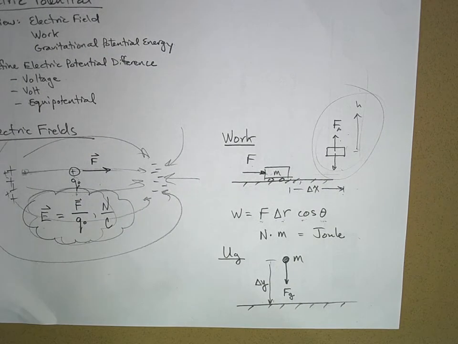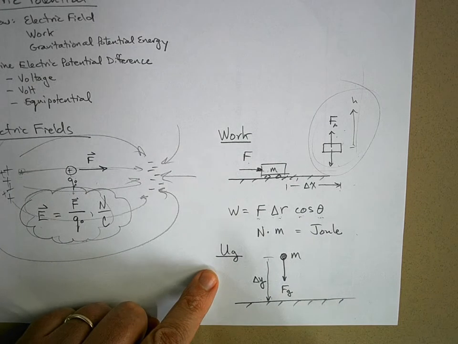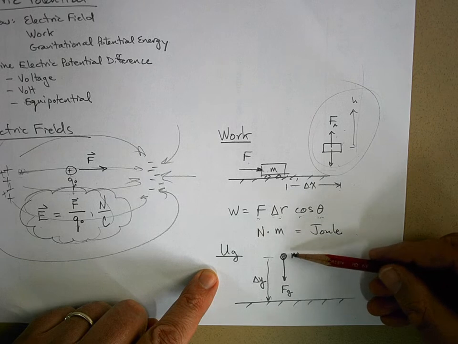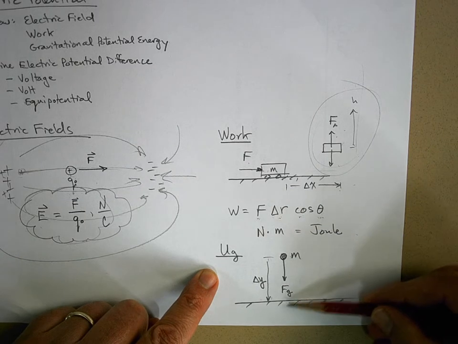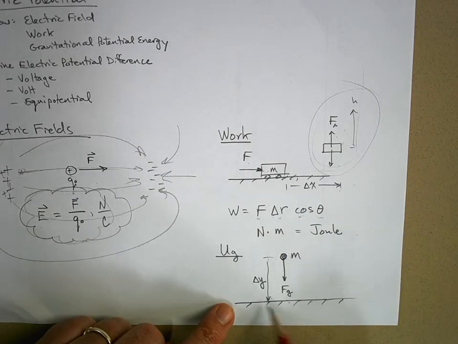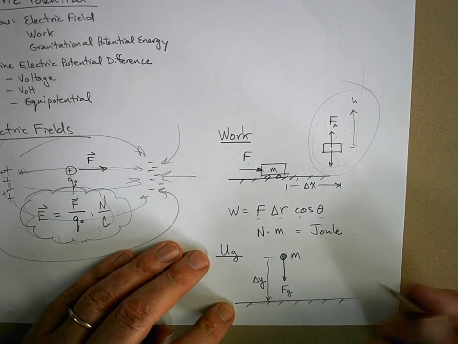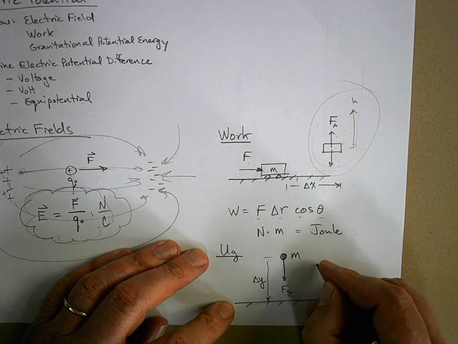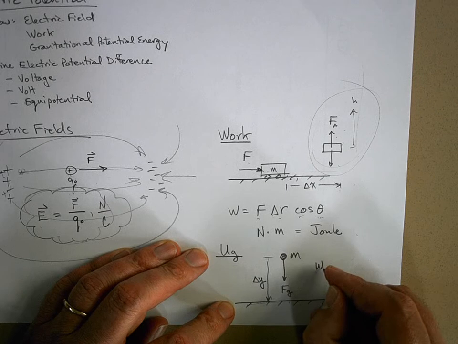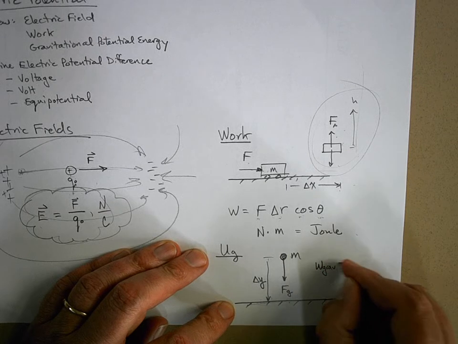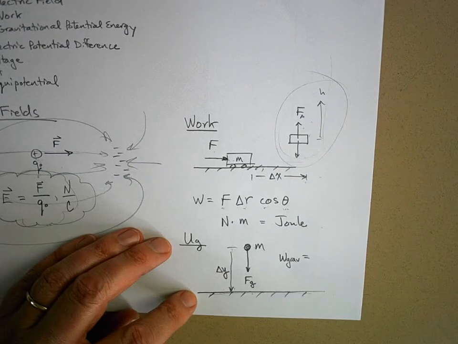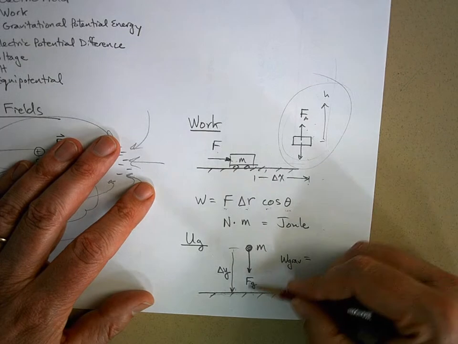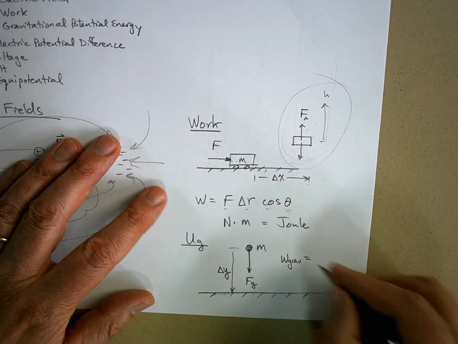And we say that gravitational potential energy is the work that gravity can do to bring an object from where it starts to whatever reference you pick. Here, usually we pick the ground. Here's the ground. And so we would say the work done by gravity is equal to, well, what is this force of gravity?